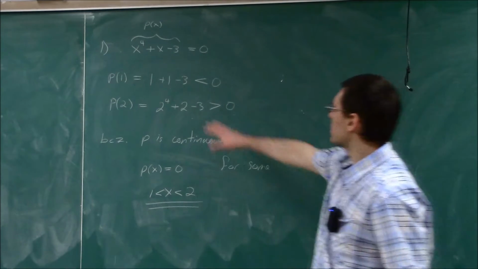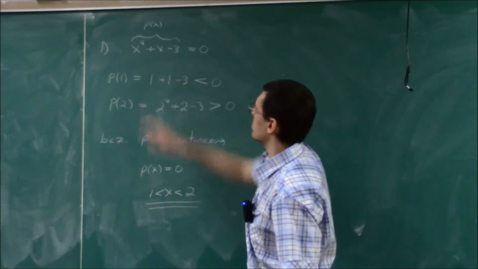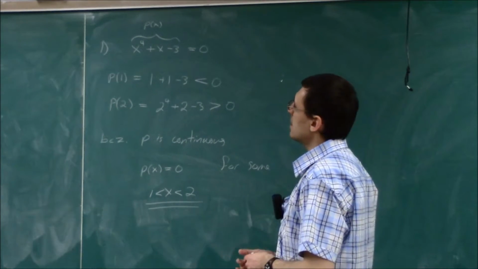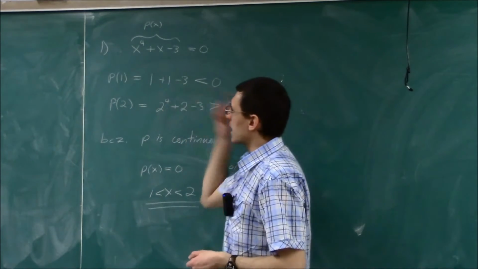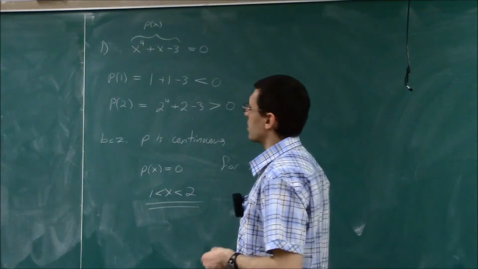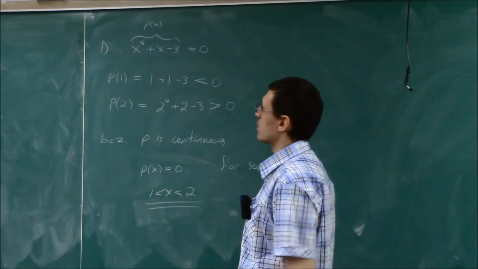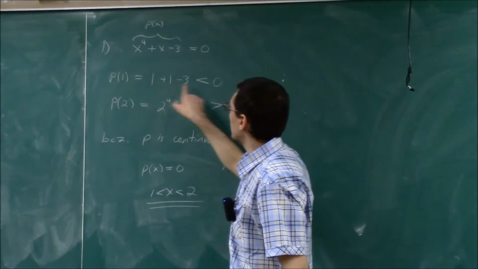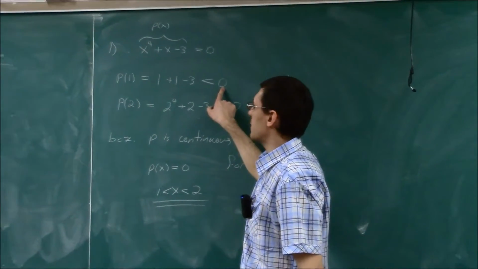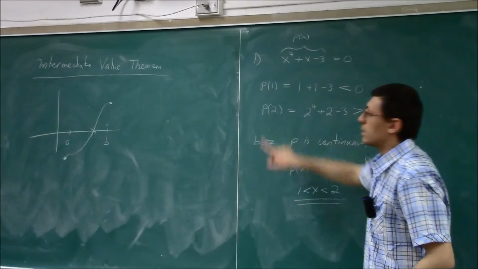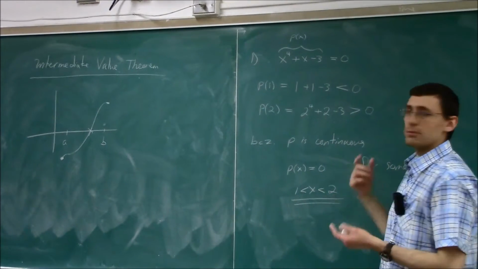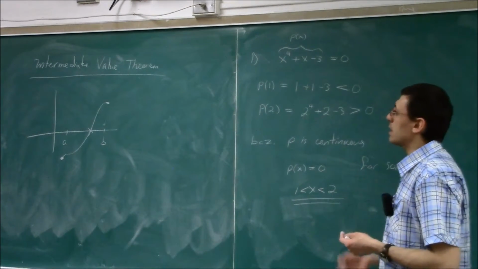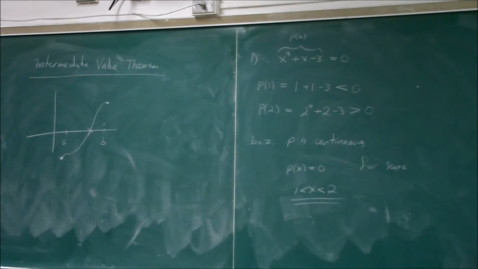Because again, without drawing the graph of x to the 4 plus x minus 3, we just observe that the graph is a graph of a polynomial, so therefore a continuous curve, something like over there. So we observe that at the point 1, we are less than 0. The graph dips below 0. At the point 2, the graph is above 0. So somewhere in between 1 and 2, the graph had to cross the x-axis.